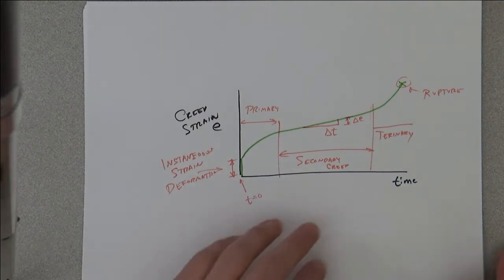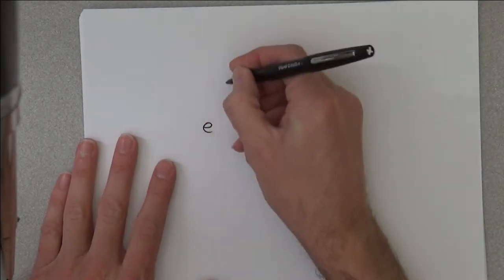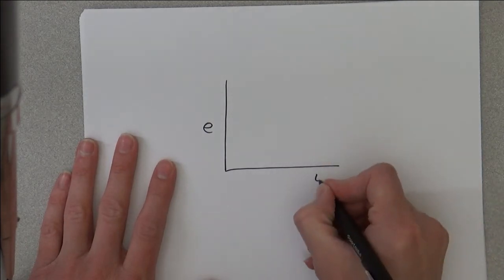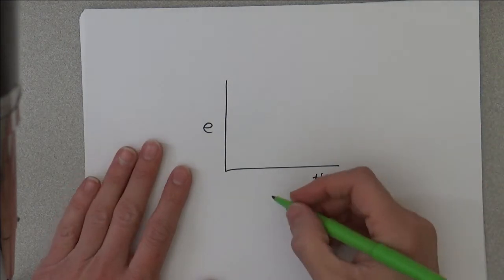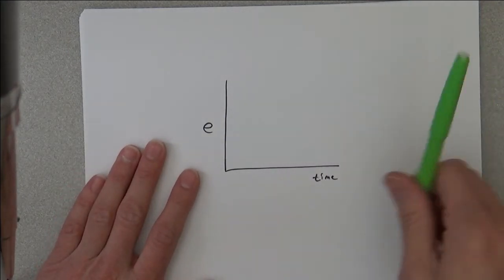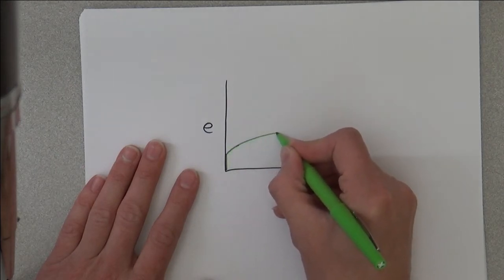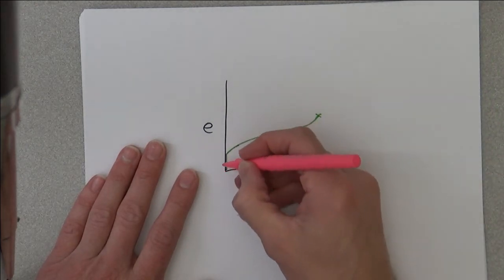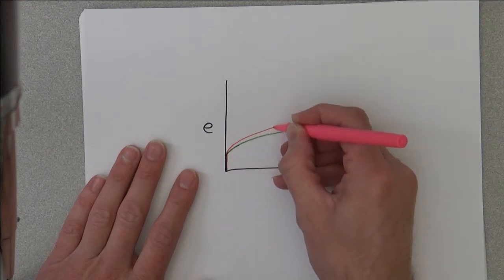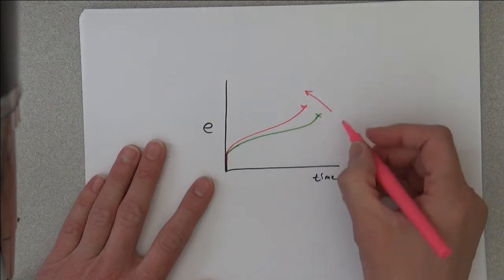So as I said, this is typically a thermally activated process. So if we have our strain versus time, if we have, say, one part and it does something like this, we might have another that does something like that. And this corresponds to increasing temperature.